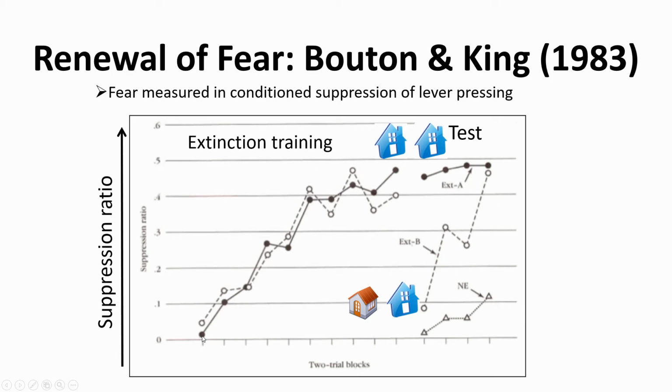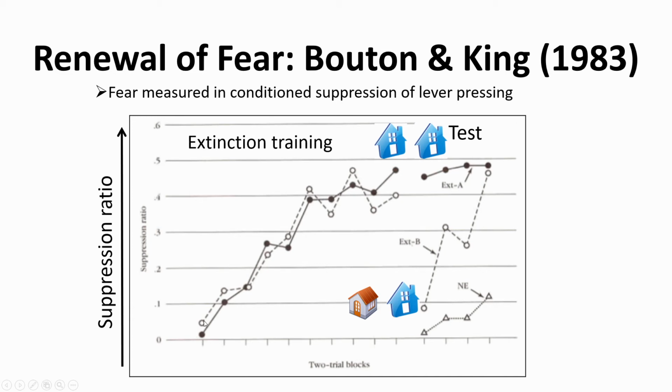Our solid dots here are for the group that stayed in A. So they went through extinction training in A, and they were then tested in A. Our open circles are the second group. These are the ones that went through extinction training in context B, so that's this house here. These guys went through their extinction training in a second environment.